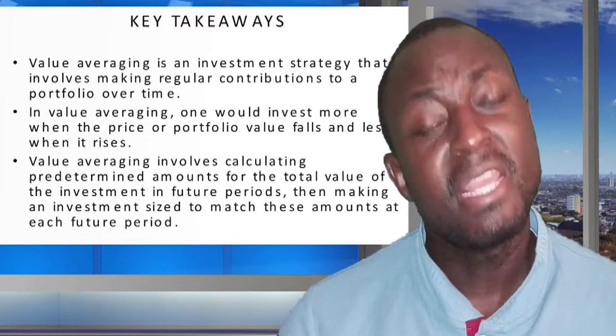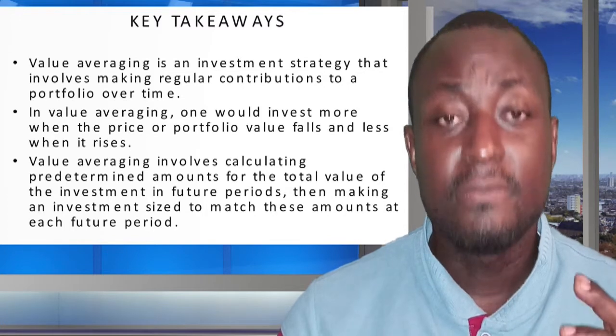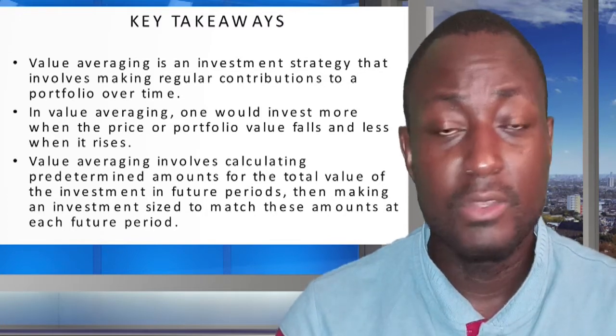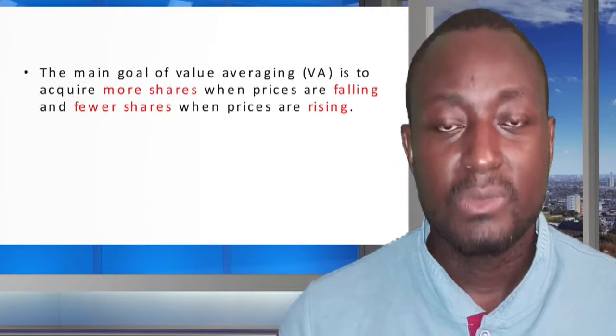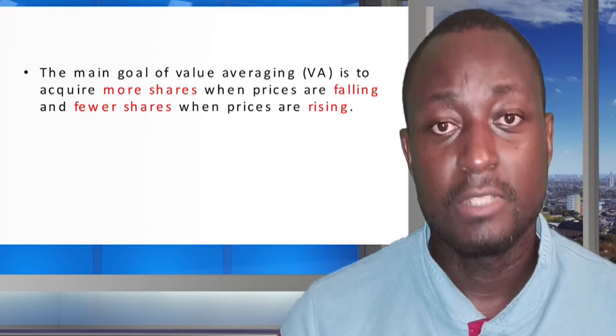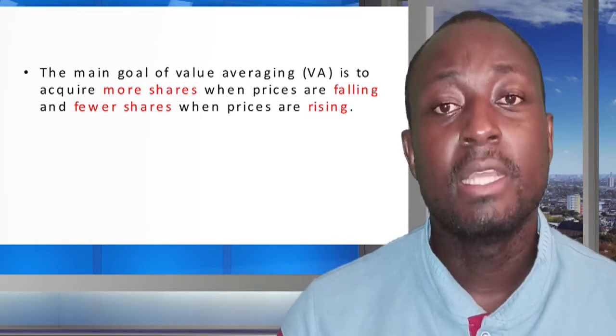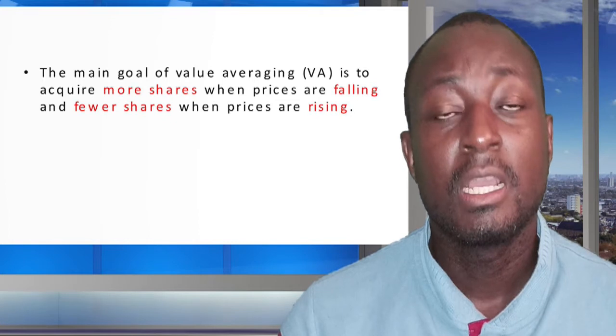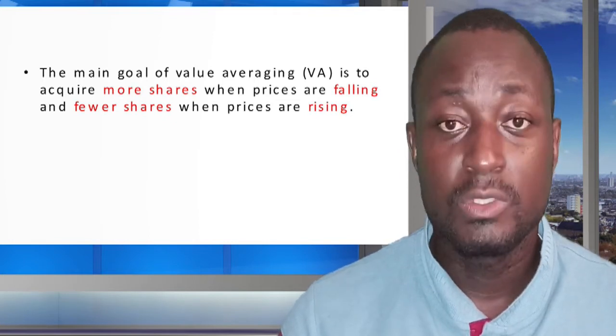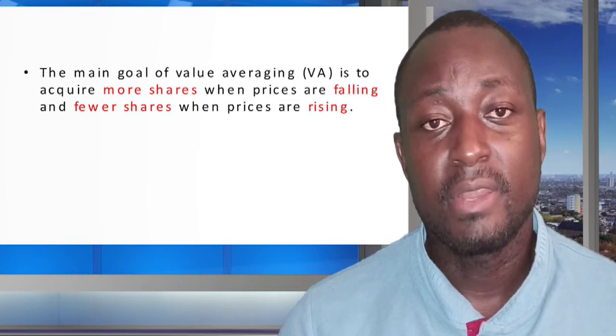So the main goal of value averaging is to acquire more shares or more crypto when the prices are falling, and fewer cryptos when the prices are rising.